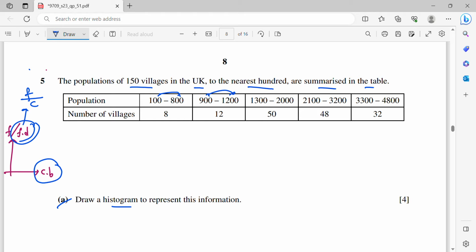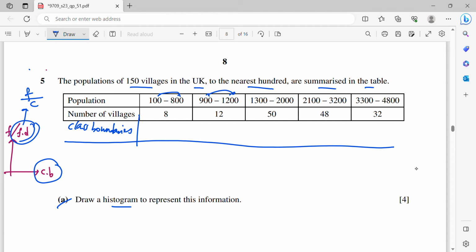So first, I get the class boundaries. Before I get the frequency density, I get the class boundaries first, because these two are the limits.